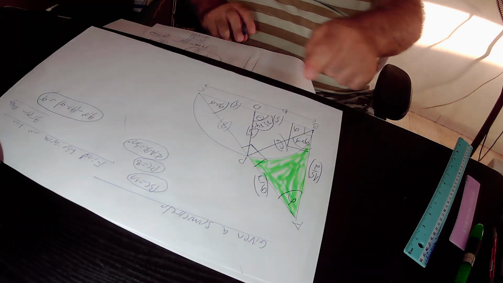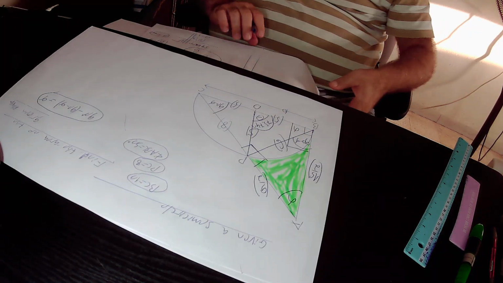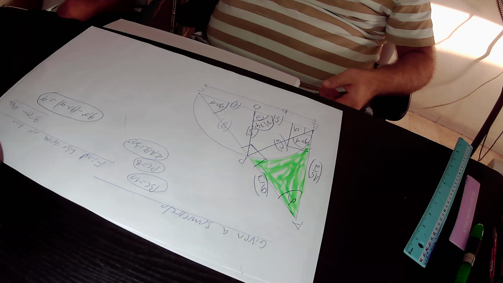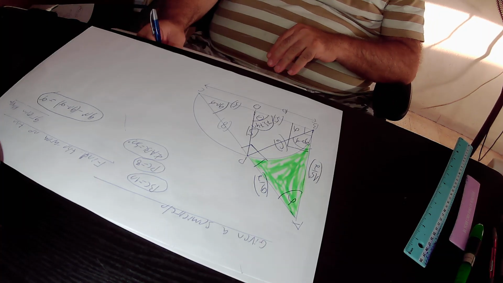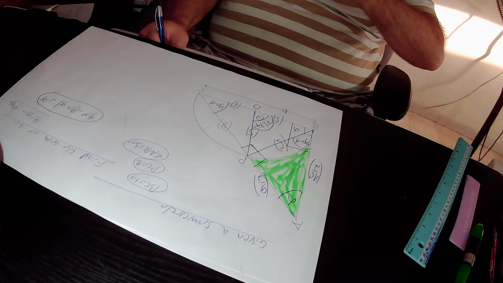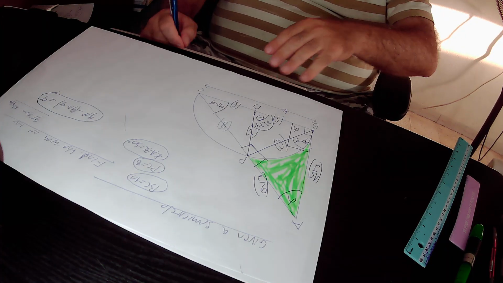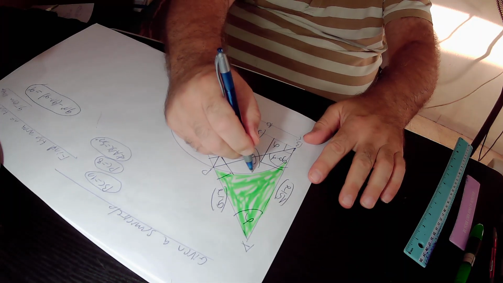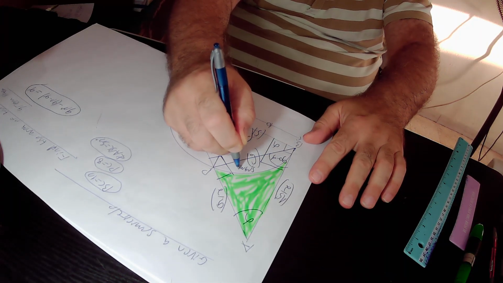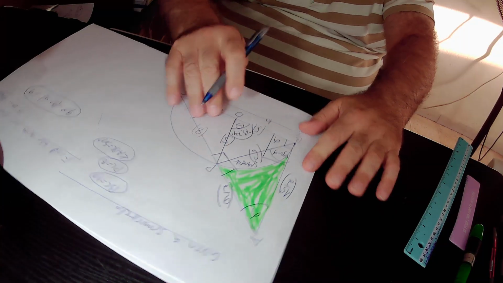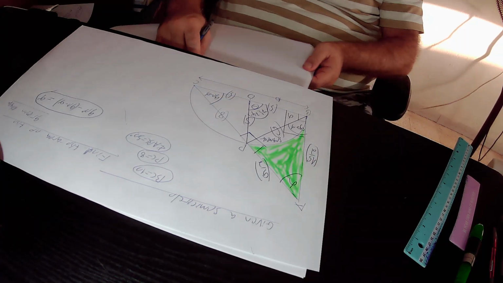Our task is to find the area of this green shape. In order to find the area of the green shape, first of all we have to find the area of this segment, segment BP. So what is the area of segment BP? This is segment BP.